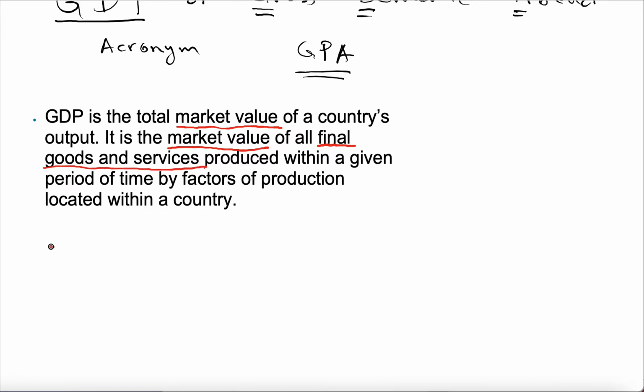So I will write it here. First of all, it's market value. Second of all, it's final goods and services, which are produced within a given period.